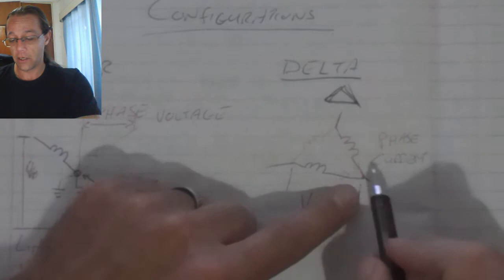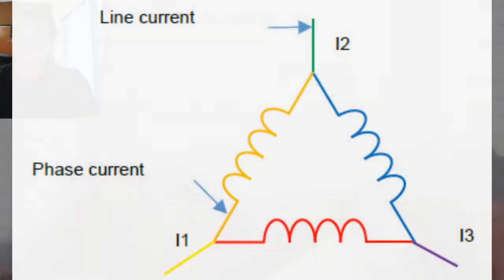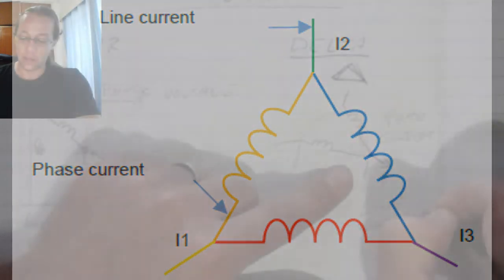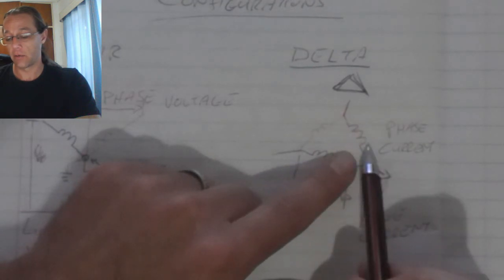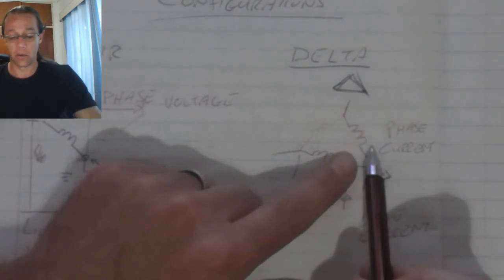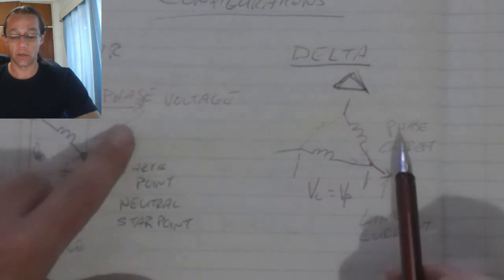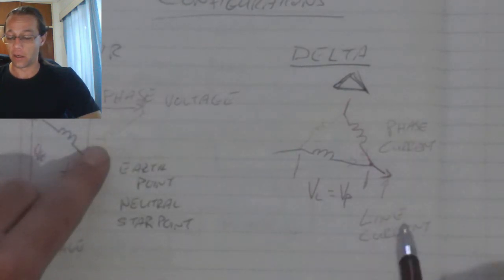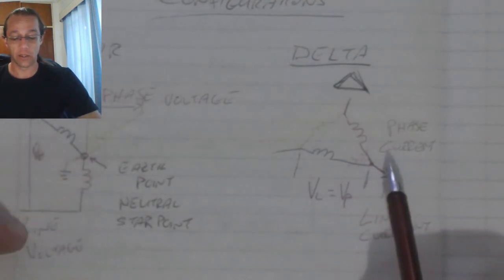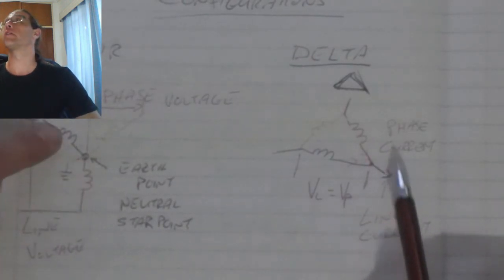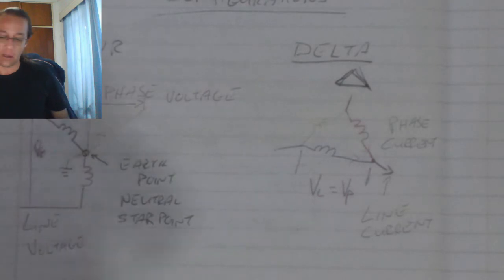And there where the two currents combine, that current will be called my line current. So as we can see, a phase current is the current through a single coil, as the phase voltage is the voltage across a single coil. The line current is a combination of phase currents, whereas my line voltage is a combination of phase voltages.